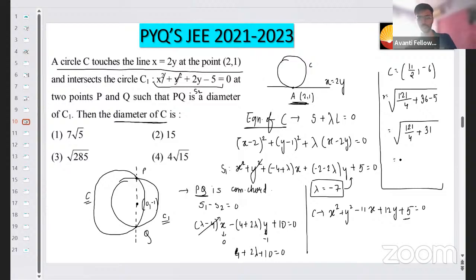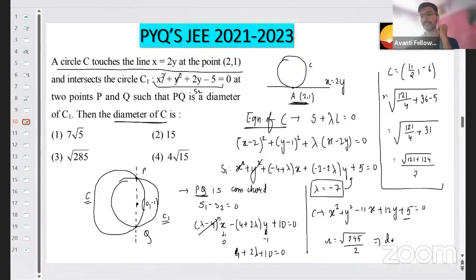So I think we can take 2 outside, under root of, after taking LCM, 121 plus 4 times 31 is 124. So finally we got radius as root 245, is it 245 or did we do some calculation mistake? Yeah, it is 245. So root 245 by 2.